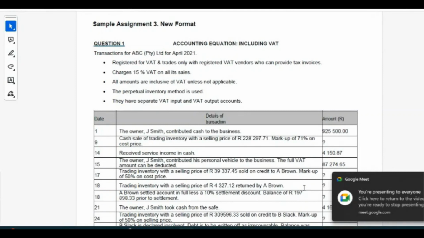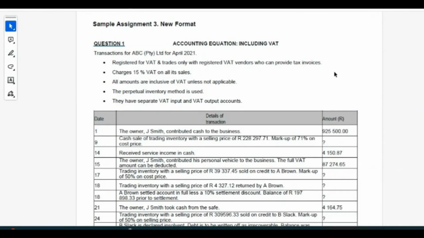Hey guys, good evening. We are going to look at question 1, the accounting equation including VAT, and you can expect something very similar in your assignment. I called the company ABC Limited for April 2021.